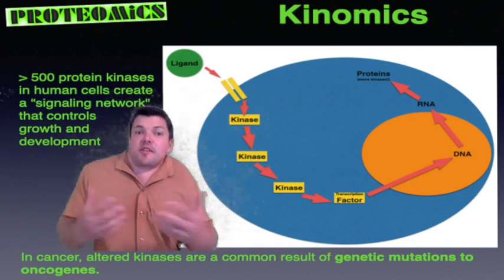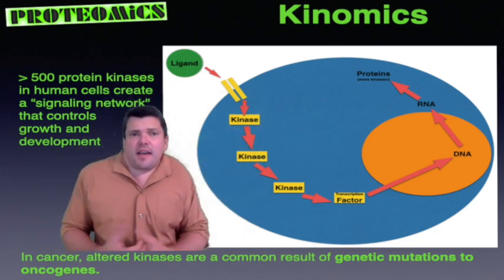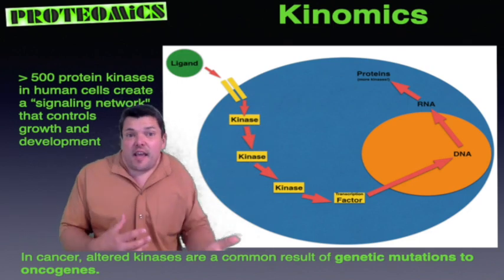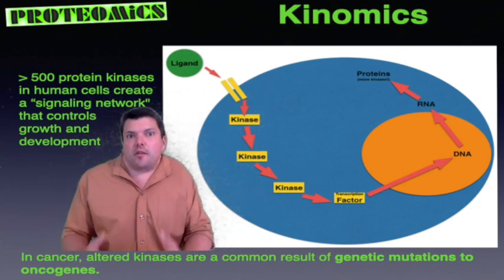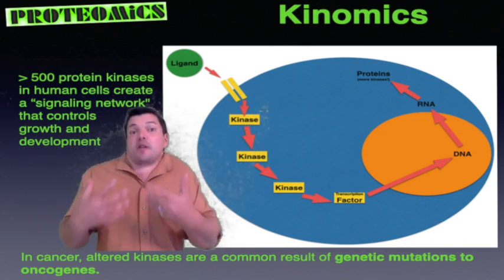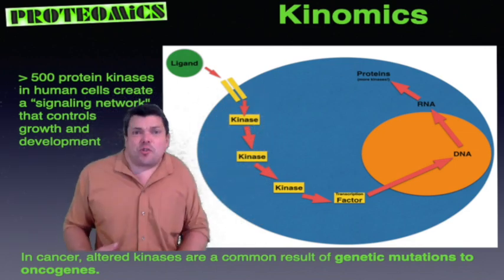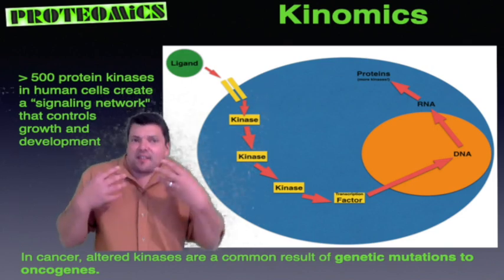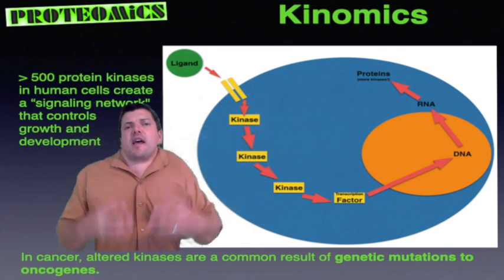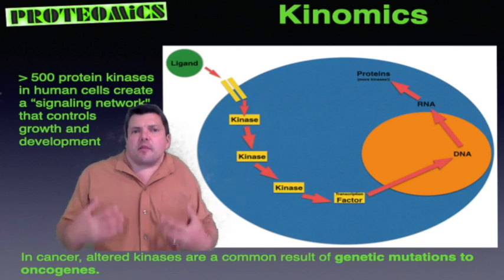The process starts with a signaling molecule, which we call a ligand. And a ligand could be anything. Insulin acts as a ligand, and it starts a cell signaling process. Growth hormone can act as a ligand and start a cell signaling process. Estrogen, progesterone act as ligands and bind to proteins within the cell and start cell signaling processes.